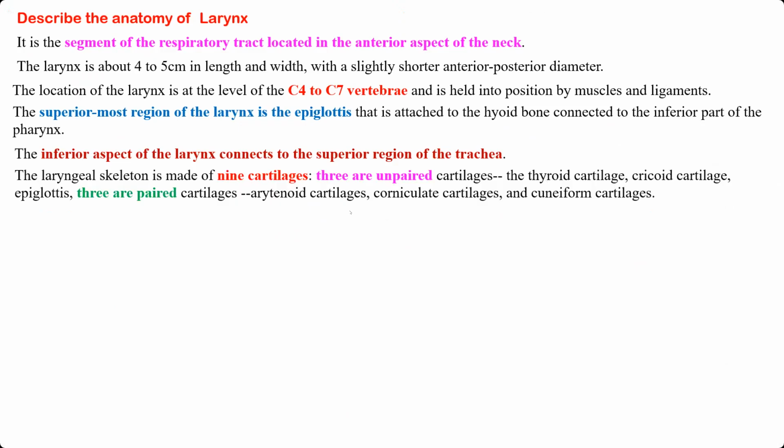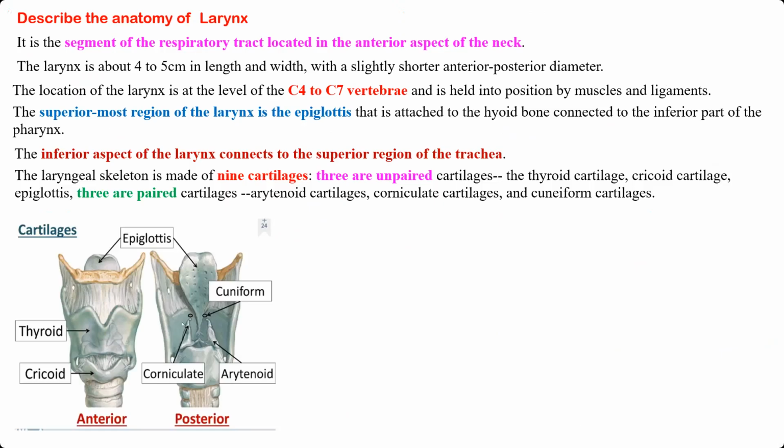They are all two in number. So learn to draw this picture of thyroid, cricoid, and epiglottis. These are the three unpaired, single cartilages.